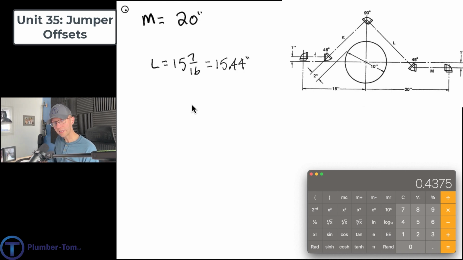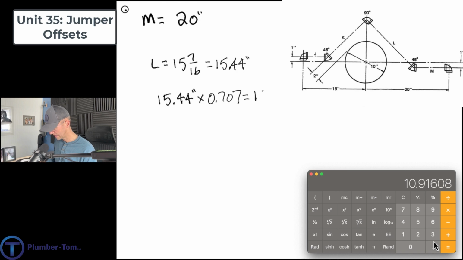And if you remember, if I have a diagonal and I want to figure out one of the shorter sides on a 45-degree triangle, I can take the distance of the diagonal, which is 15.44, and multiply that by 0.707. And what does that give me? 15.44 times 0.707 equals 10.92 inches.